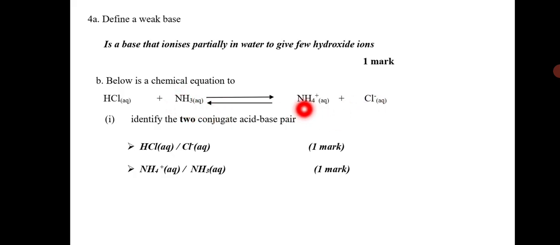In this case, ammonium is acting like an acid. Remember, an acid, according to Bronsted-Lowry's theory, is one that donates hydrogen. That's why it has to come first here. If you write ammonia first followed by ammonium, you'll be marked wrong.